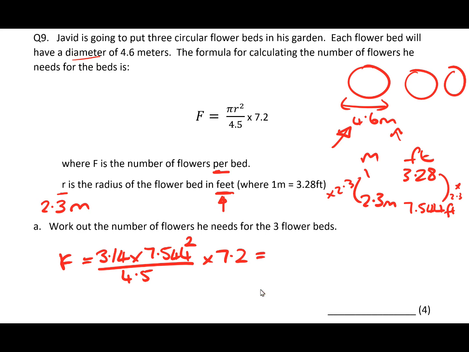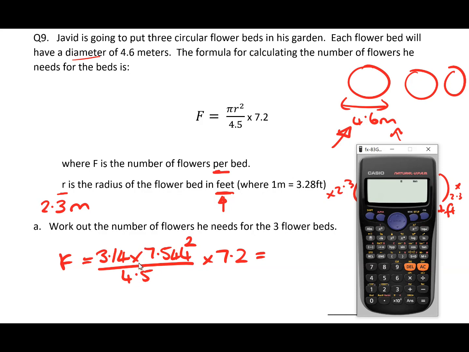Now, we can do this all in one go on our calculators. So when we put in our calculator, we've got what looks like a fraction here. So let's use the fraction button. So we have 3.14, or the pi button, times 7.544 squared.